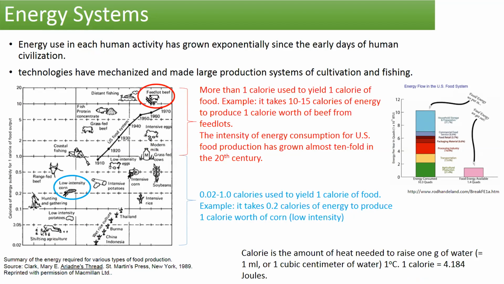It's not only that. You see the picture on the right, it's the energy per year in BTUs, and it says the energy flow in the U.S. food system. So we have to consume 10 BTUs, in this case, in order to produce about 1 BTU.